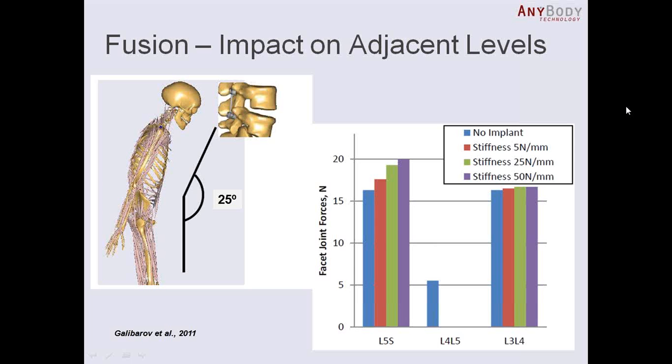Belabarov and colleagues looked at the impact of fusion at L4, L5 on adjacent segments during a simple trunk flexion maneuver. They found that intervertebral loads were notably increased distal to the fusion, but a more compliant fusion construct did mitigate that effect. This is generally in agreement with the current prevailing belief that a dynamic stabilization device can be more efficacious than a rigid structure.